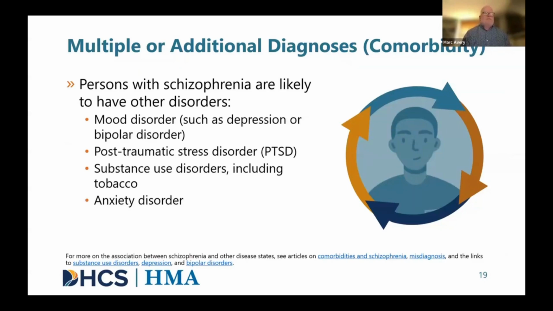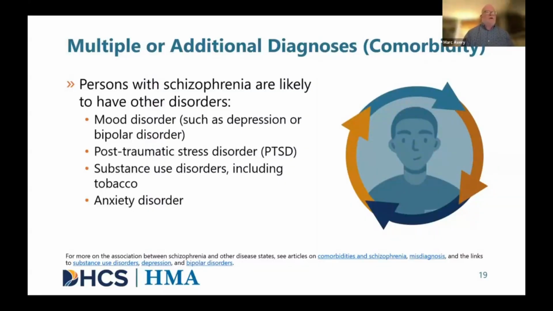For example, it's common for somebody with schizophrenia to experience significant depression, and that might even lead to a formal diagnosis of depression. But other persons with schizophrenia may experience mania along with their condition, leading to an additional diagnosis of bipolar disorder.